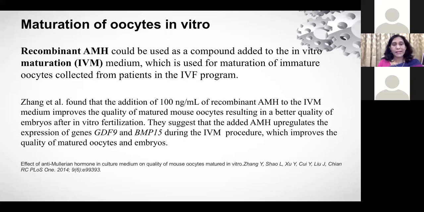Now, Zhang et al. found that the addition of 100 nanogram per ml of recombinant AMH to the IVM medium improves the quality of mature mouse oocytes, resulting in a better quality of embryos after in vitro fertilization. Now, of course, this is still experimental and many more studies are going on.